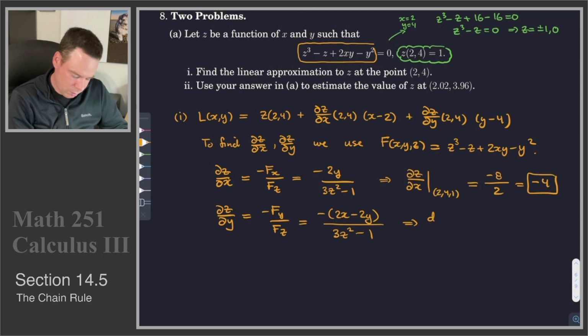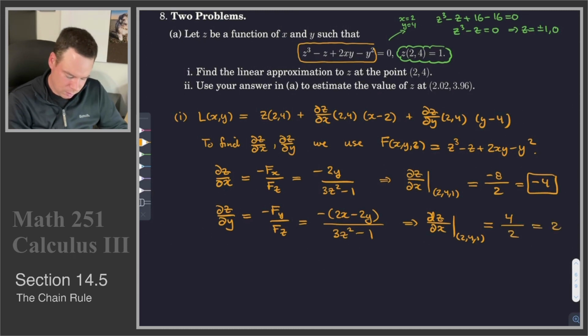In particular, we're interested in the partial derivative at (2, 4, 1). So 2 goes in for x and 4 for y, so 2 times 2 is 4, minus 8. That's negative 4, but there's an extra negative, so that's a 4. The bottom's still 2, so that has a value of 2.